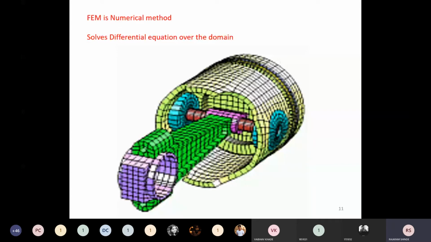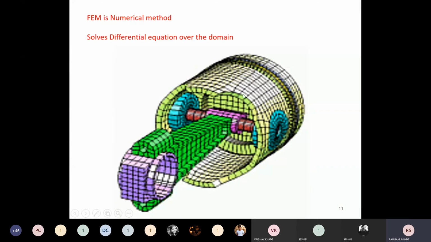This assembly is known as the complete domain of the problem, and on this domain the differential equation is satisfied at each and every point. The solution to that differential equation will give the results.